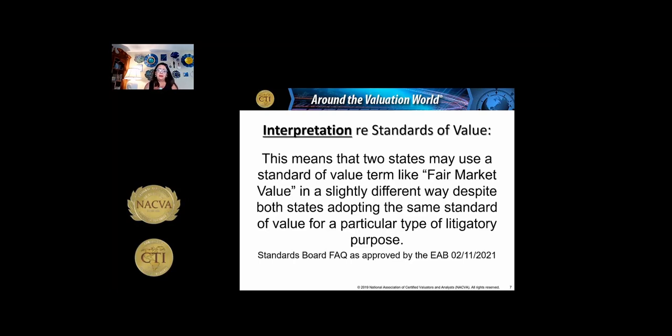For example, it may be applied slightly differently in San Diego than in Los Angeles versus San Francisco or Napa. So it's very important to understand the specific area and how the courts in that specific area, even in the same state, apply the standard of value.